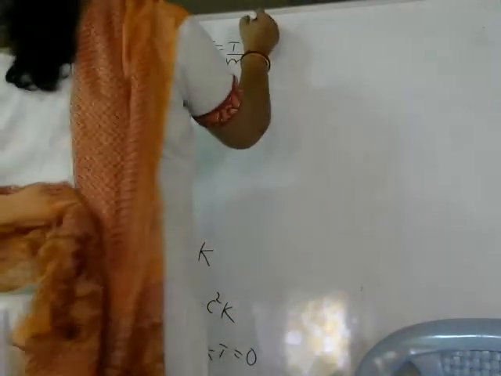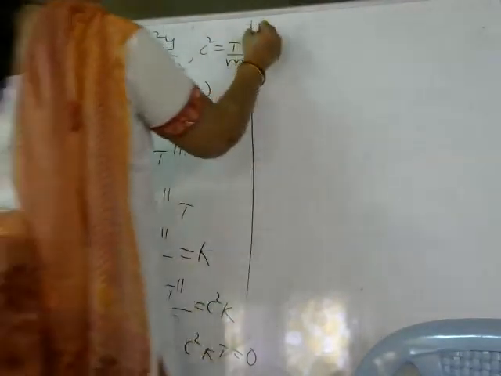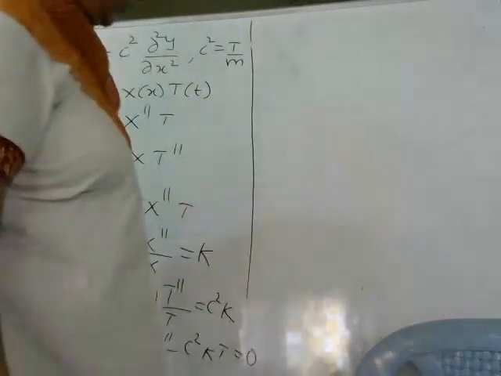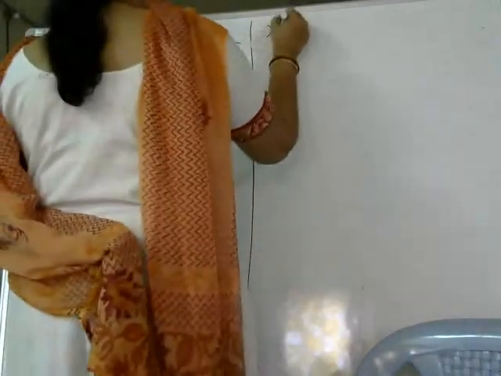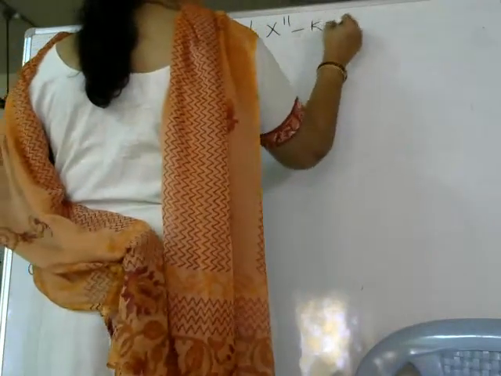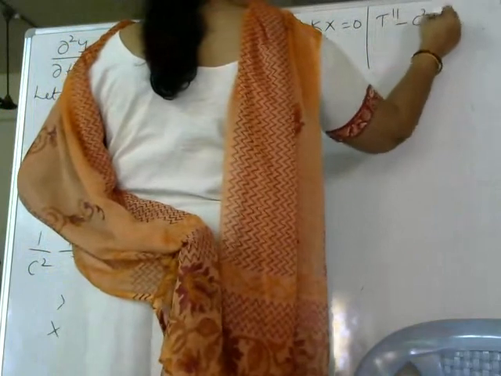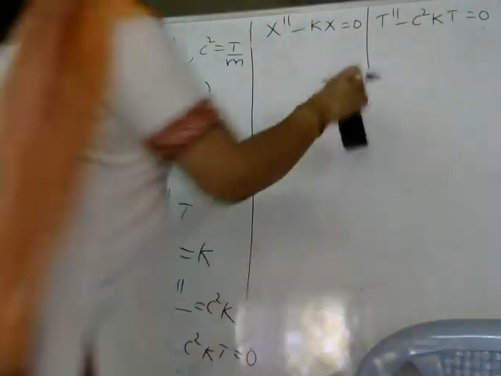So what is the solution we have taken over here? y is equal to x into t. So the solution of x we have written as x'' minus kx is equal to 0 and t'' minus c²kt is equal to 0. These two are the equations we have over here.